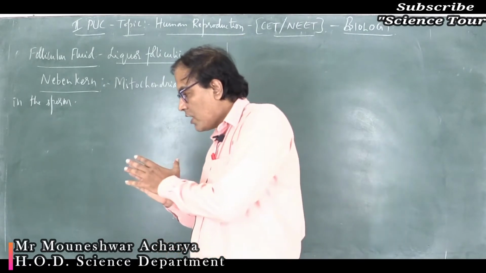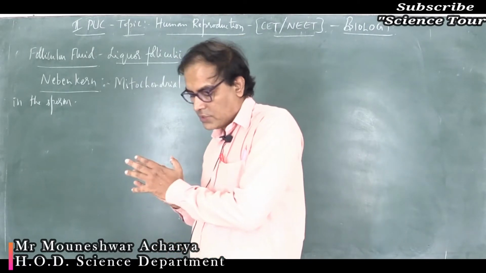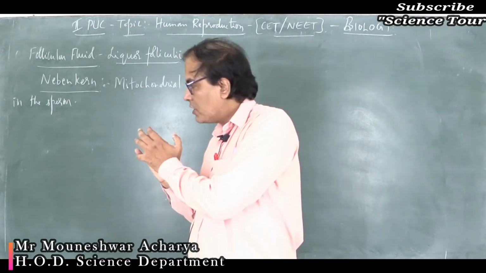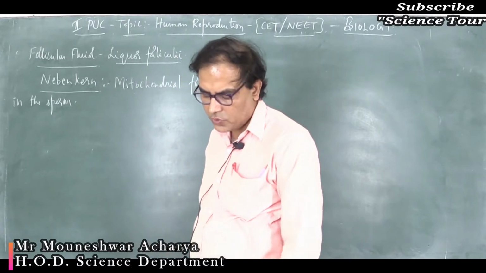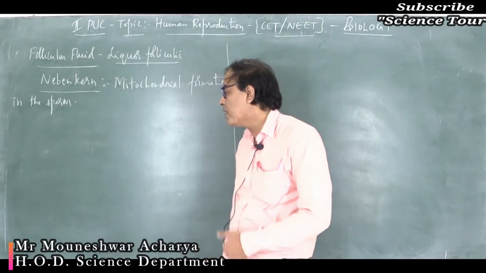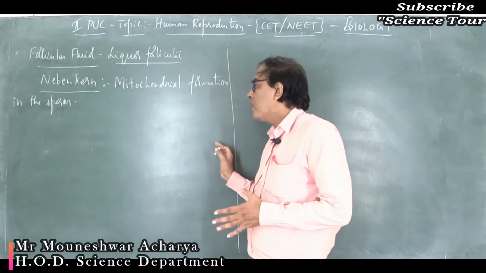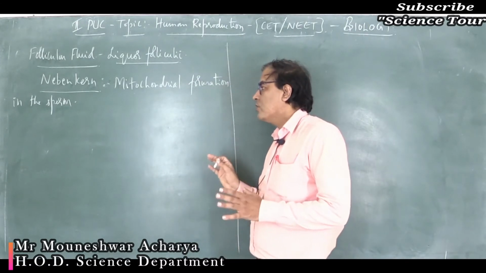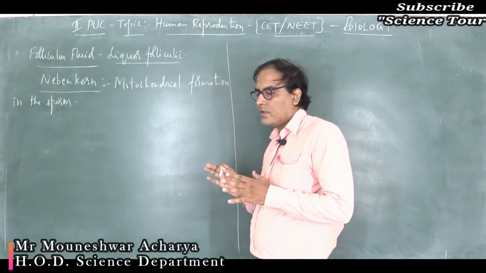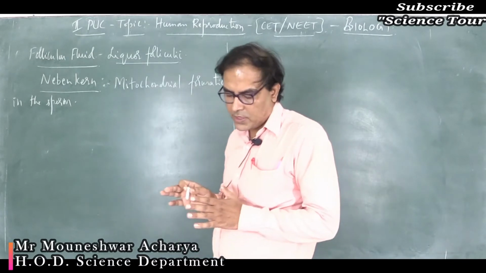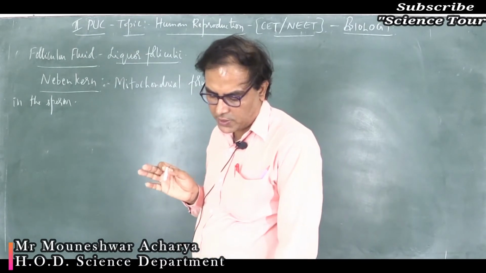You know, the mitochondria are called the powerhouse of the cell, and they help in giving energy to the sperm and for sperm motility. Okay, that is the function of the mitochondria.